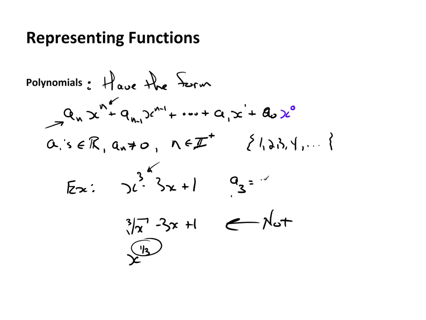A3 in this case equals 1. A2 equals 0. A1 equals 3. And A naught equals 1. In the other example, A3 equals 1/3, and there again, that's the violation.